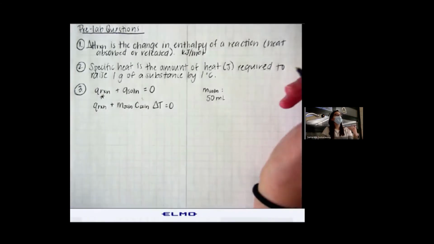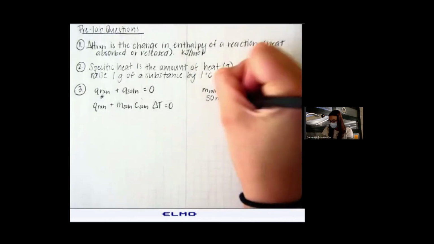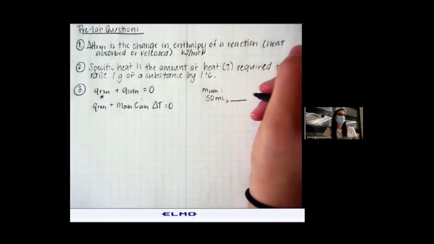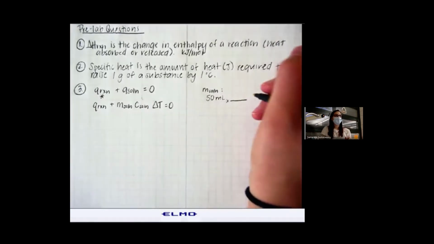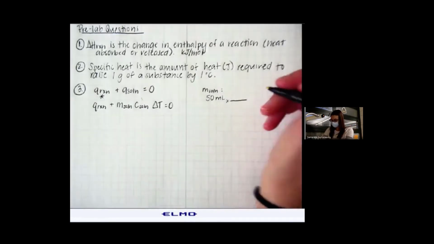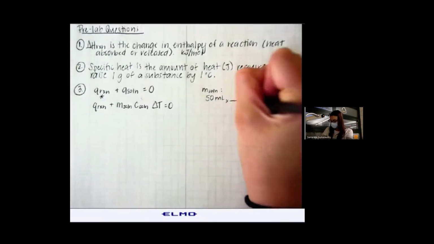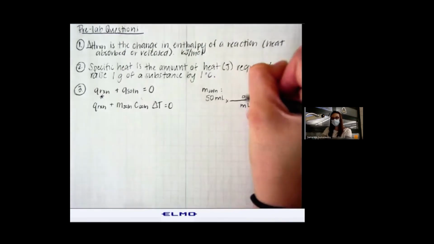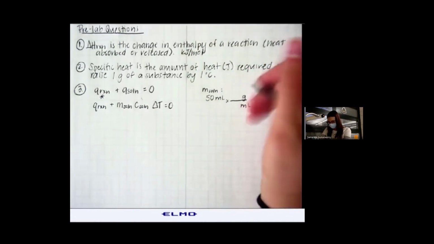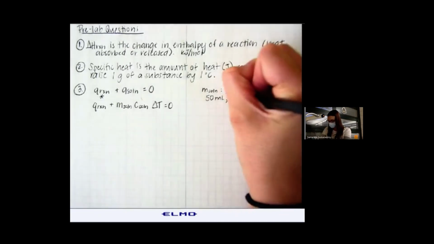I added solution A to solution B. Now it's not just the density of water. It's not just 1 gram per milliliter. It's a little bit different. So I'm going to use the density as a conversion factor. Density lets me convert between grams and milliliters. So I want milliliters on the bottom so that it cancels. I want to go to grams. Density, in this case, is 1.02 grams for every 1 milliliter.